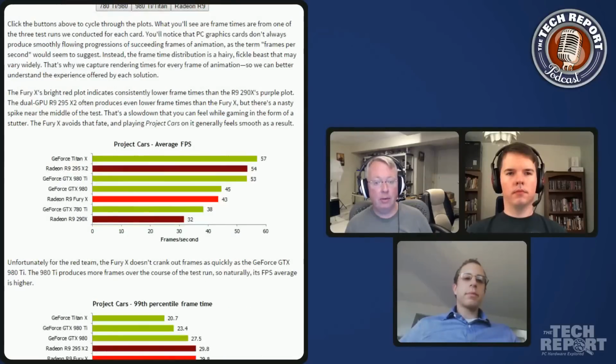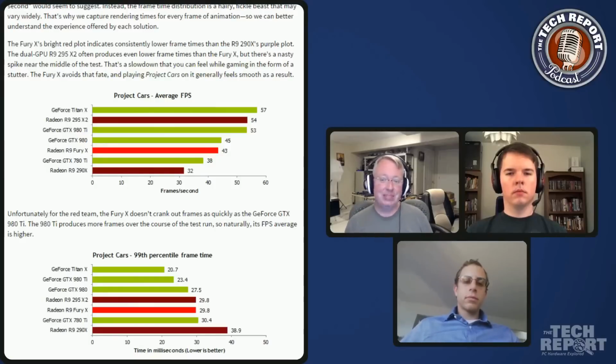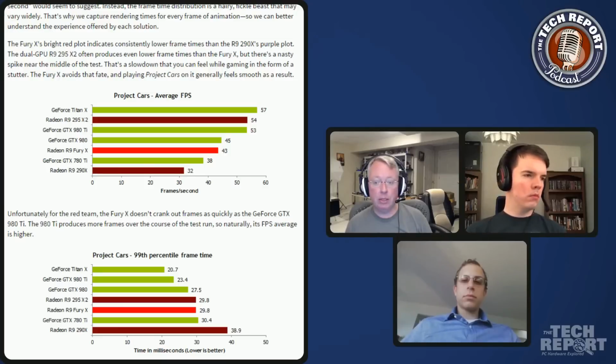And in the case of some of these, like Project Cars, the FPS average and the frame time centric 99th percentile frame time metric that we use tend to agree. And what I found playing Project Cars on the R9 Fury X, this is almost all in 4K.